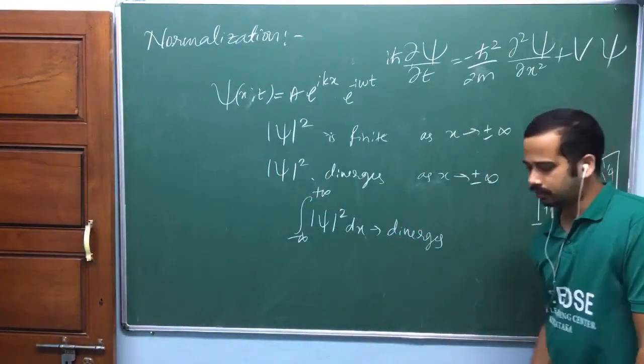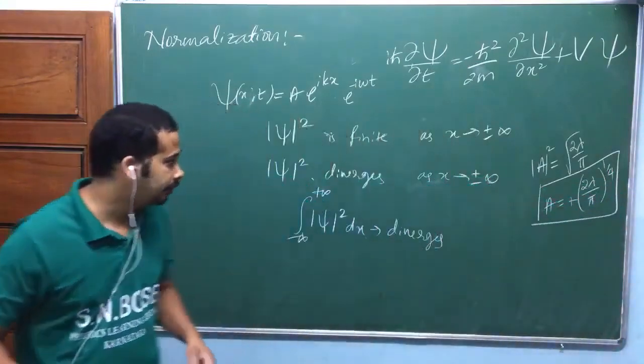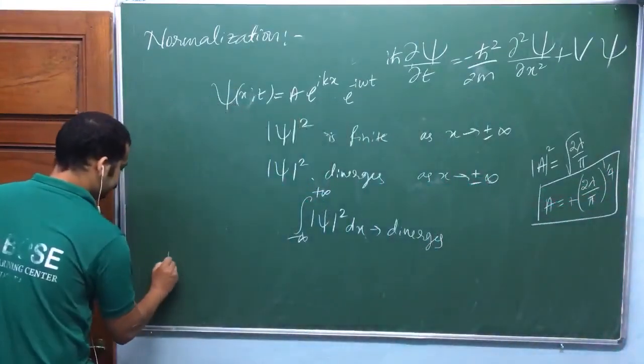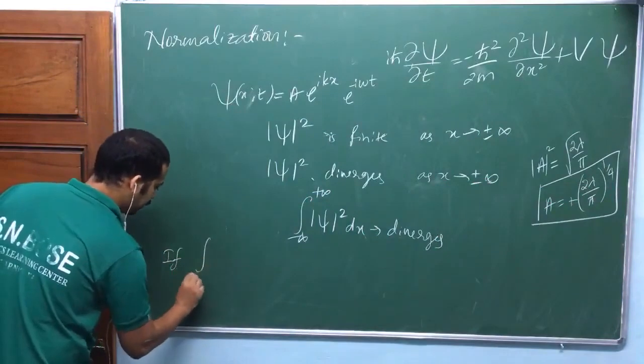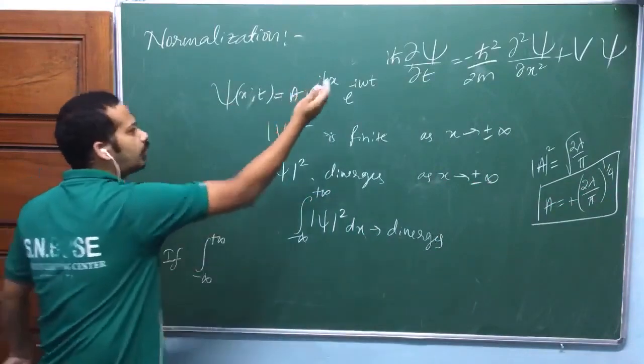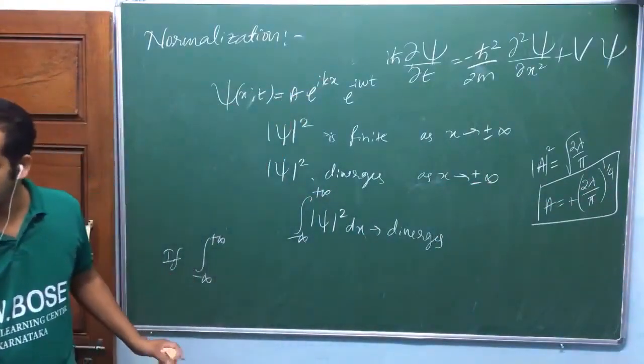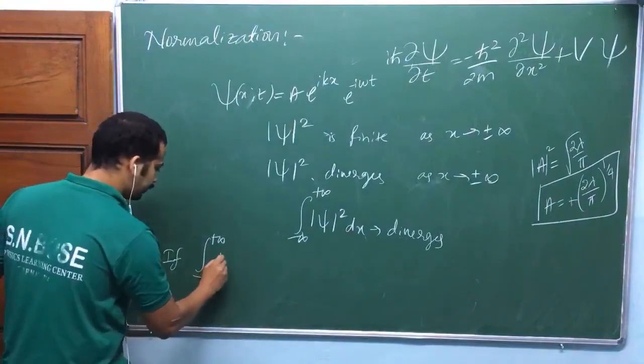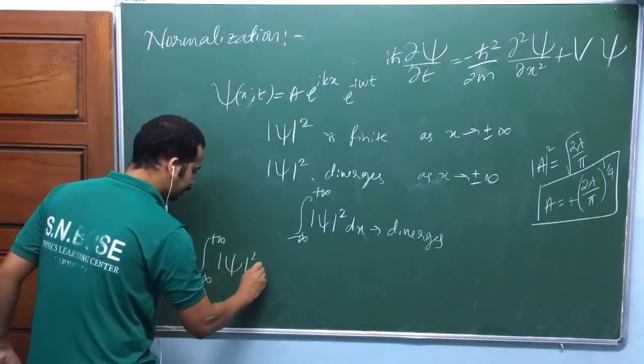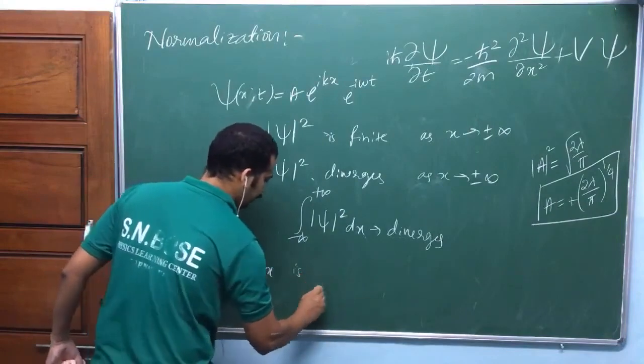Okay. So can you write down some? Now look here. Integral minus infinity to plus infinity. Okay, you just solved that one. You haven't normalized it yet. So integral minus infinity to plus infinity mod psi square dx is finite.